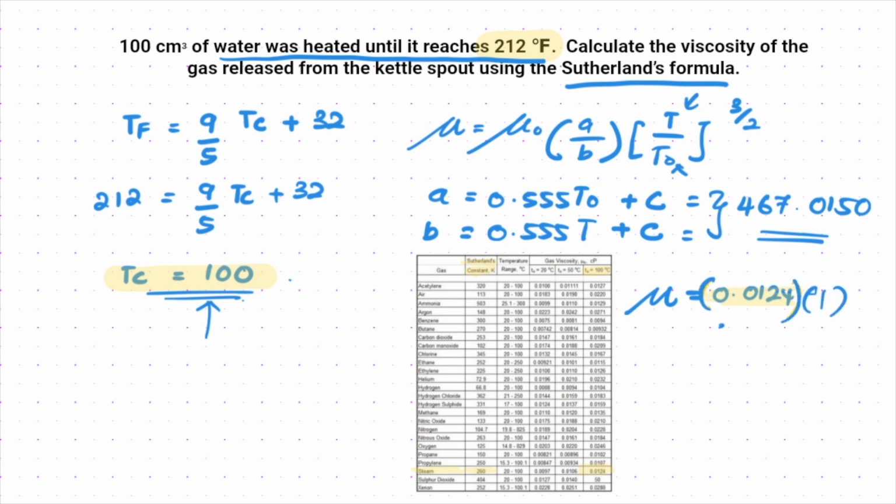And then your T over T naught, so still equivalent to 1 because both are 100 degrees Celsius, to the power of 3 over 2. So you shall get the mu is equivalent to 0.0124. Therefore, this is the final answer for this question.